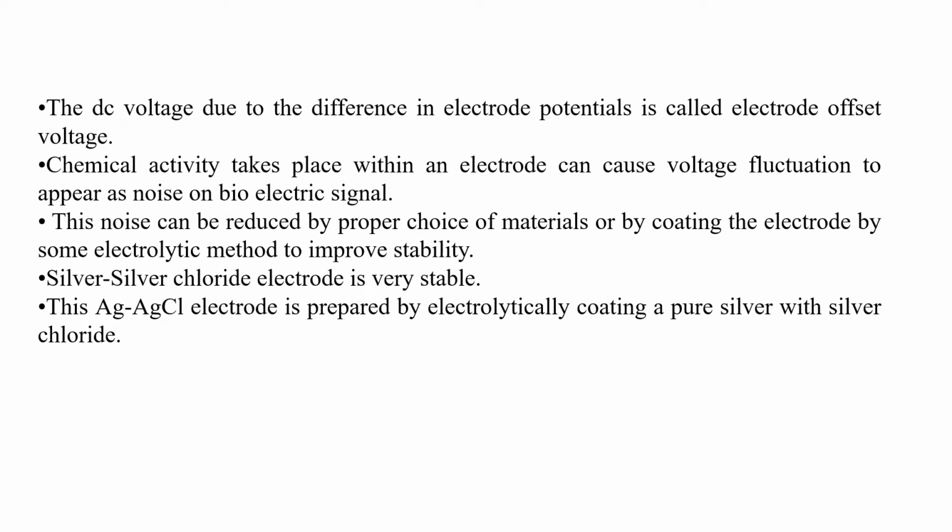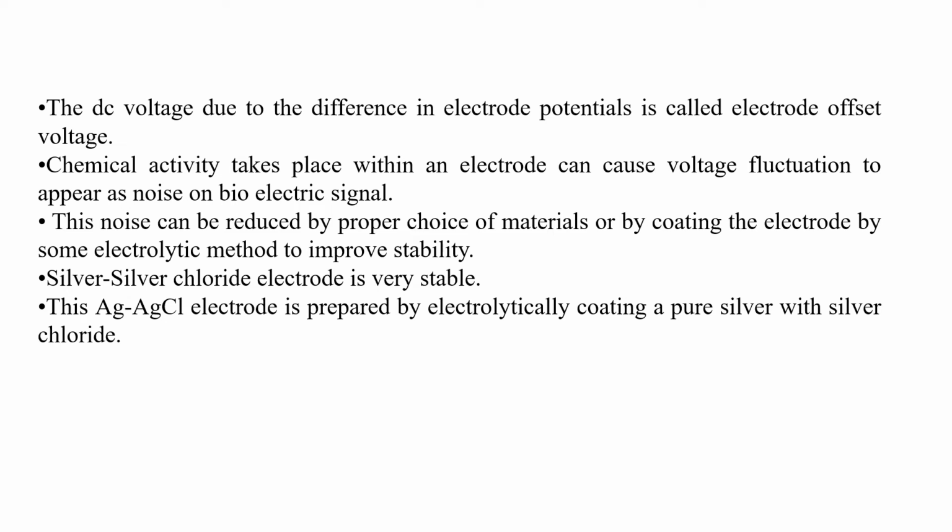This is mainly due to the chemical activity that takes place within an electrode. We can reduce this noise by choosing a proper material, or by coating the electrode by some electrolytic method to improve the stability.